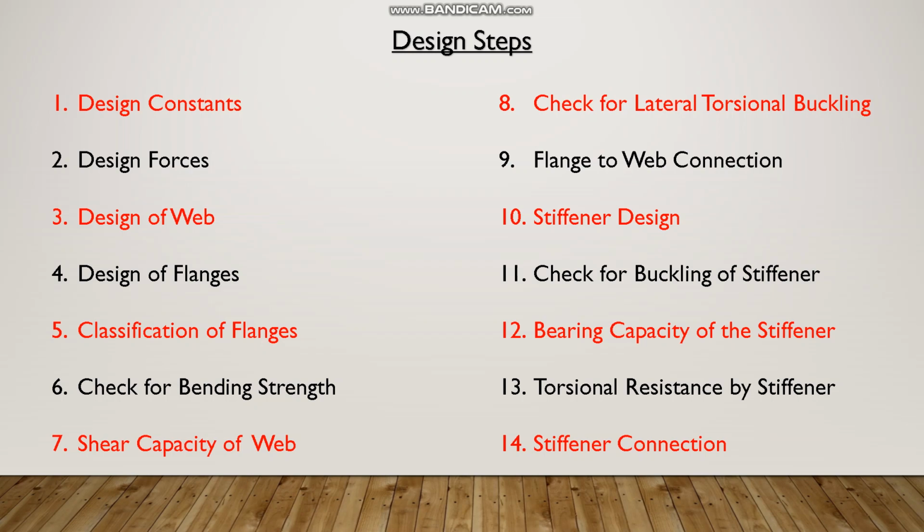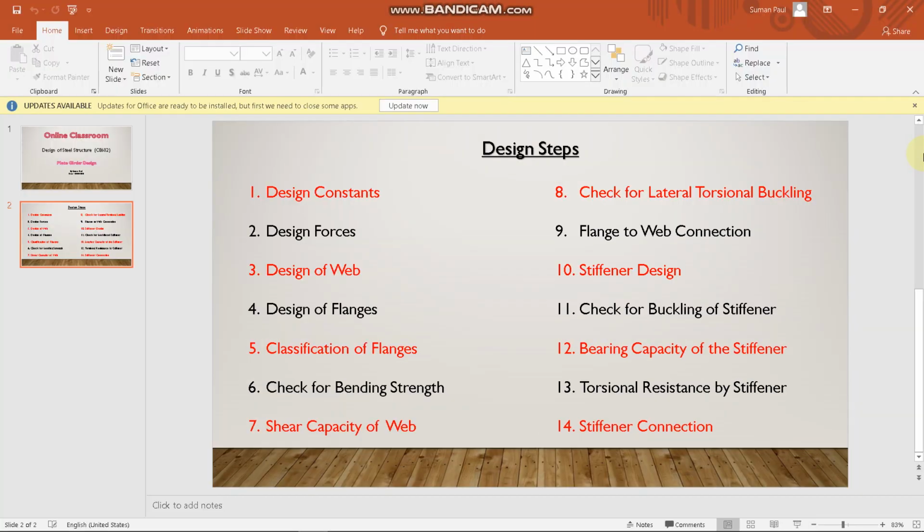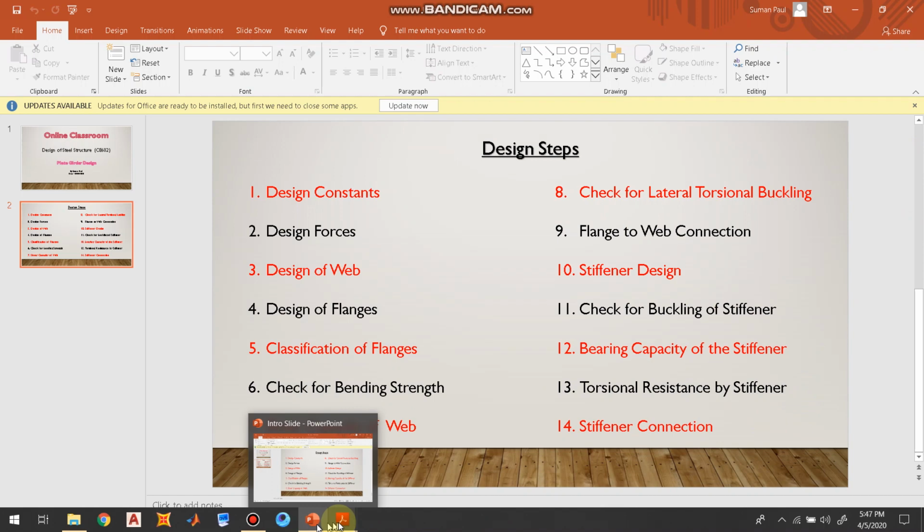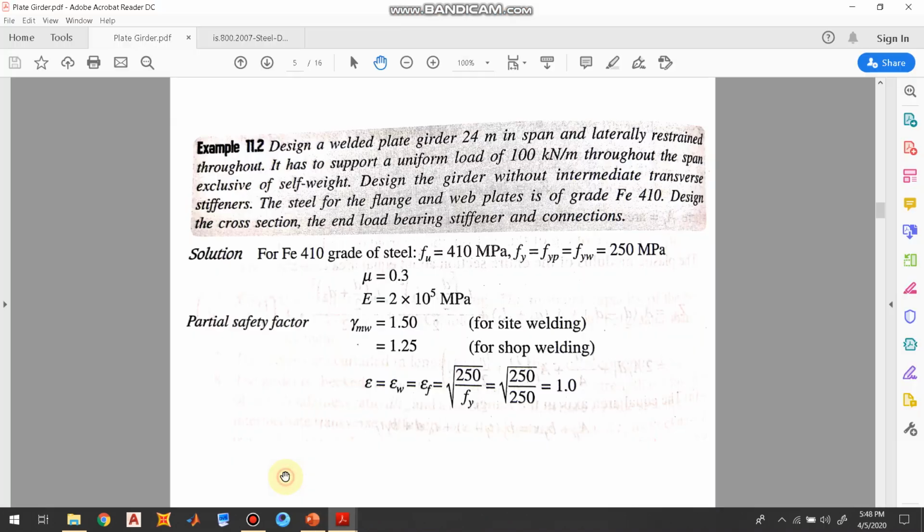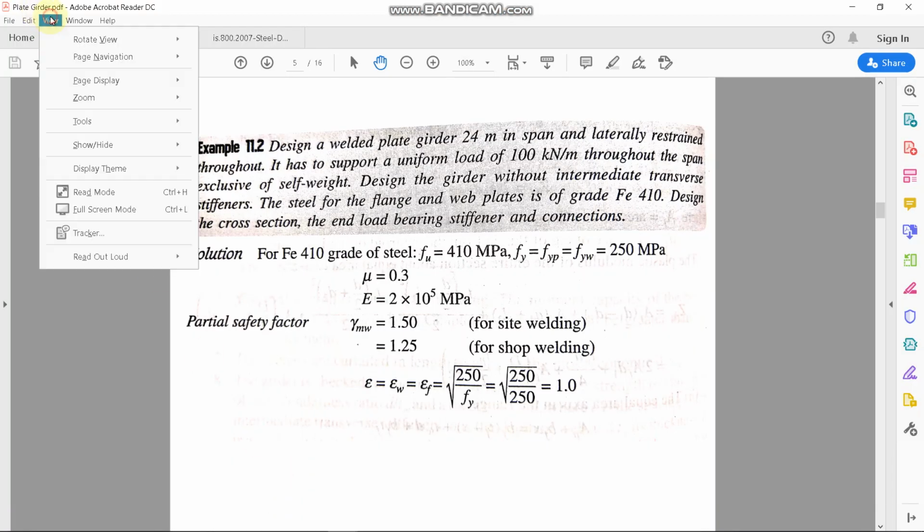All right, so let's see what we have in terms of our problem here. The problem is to design a welded plate girder of 24-meter span.